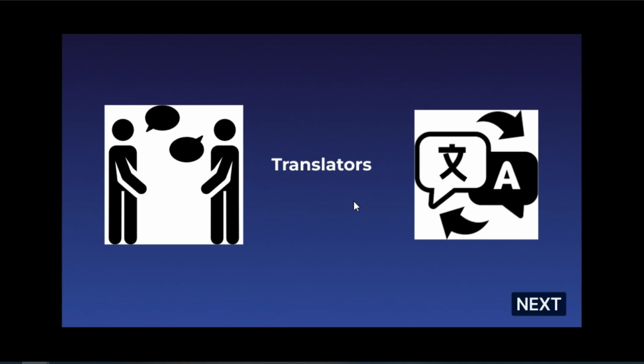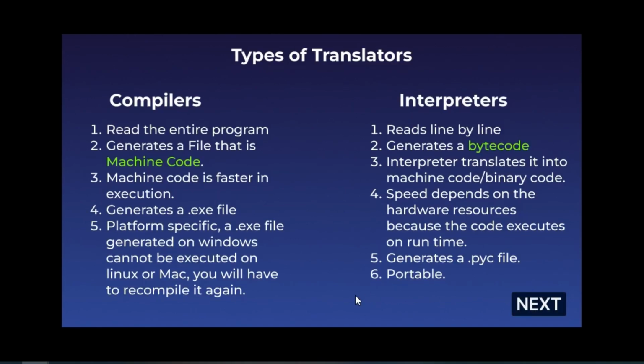If we're writing a program using the Python programming language, you're basically generating a script, and that script is called source code. It's just a file that contains a lot of text, and the task of the translator is to translate that text into something that the machine understands, and the only thing the machine understands is zeros and ones.